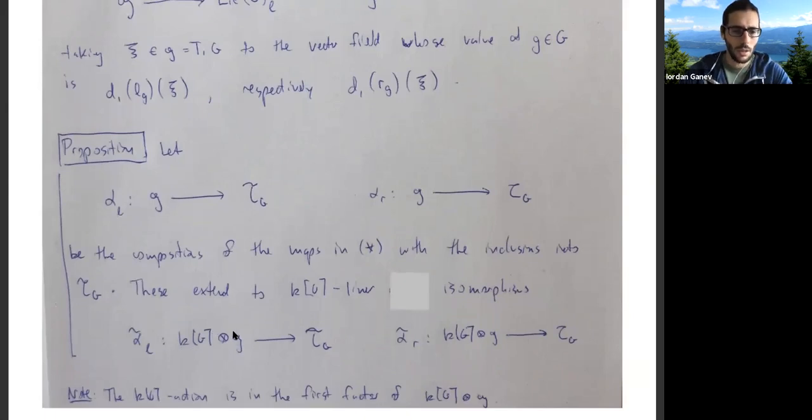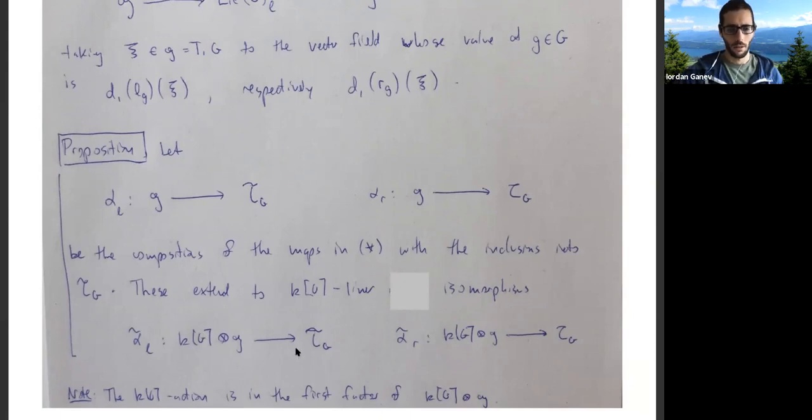So what is this K[G] tensor the Lie algebra? This is a K[G] module, and the action is just coming from the first factor. So this is a free K[G] module. We can pick a basis for the Lie algebra, and then we have a realization of this as a free K[G] module.